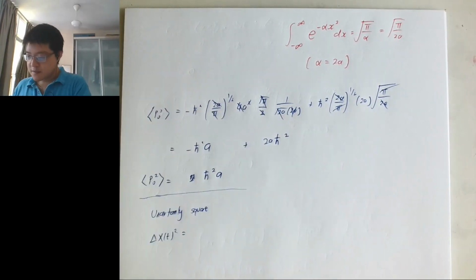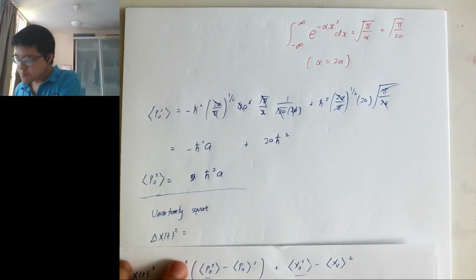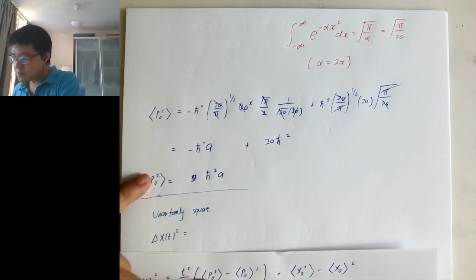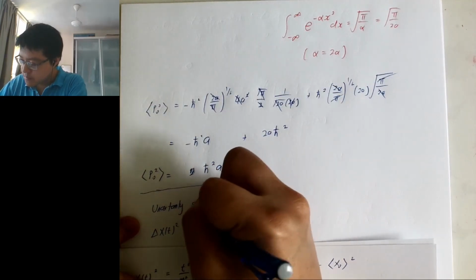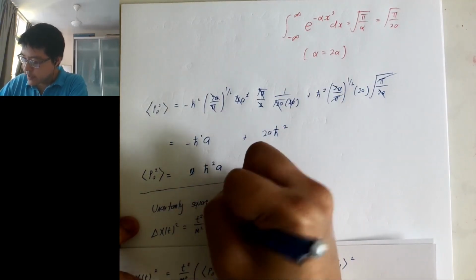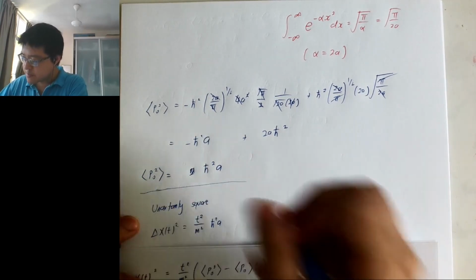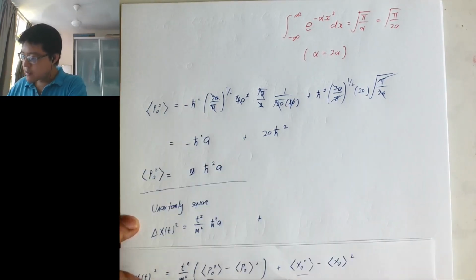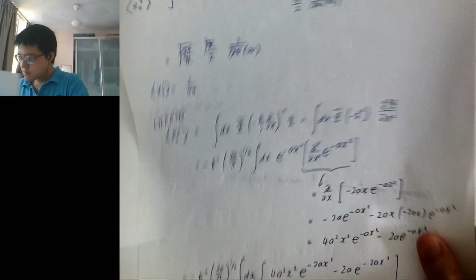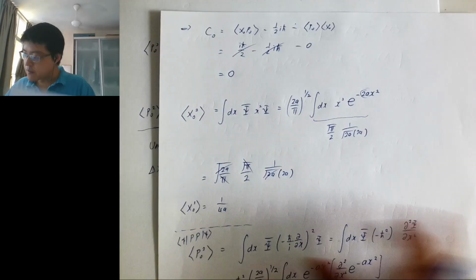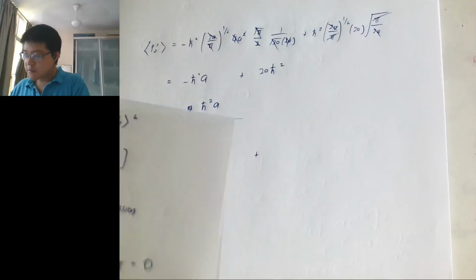So let's put it in straight away. P squared is h bar squared a, so this is t squared over m, and then this is h bar squared a minus 0, so this part is done. And then the uncertainty of x squared, we just got it: it's 1 over 4a.